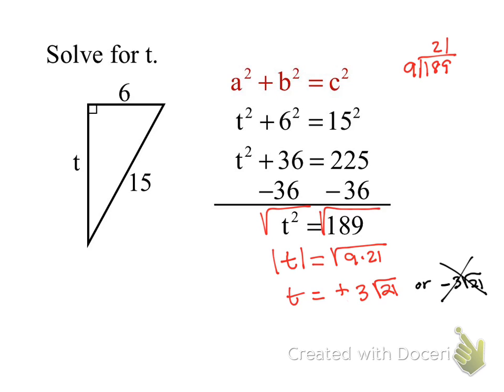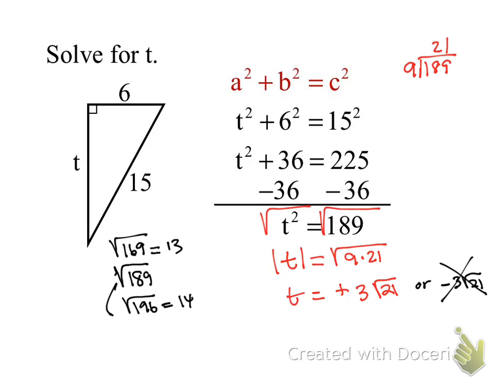Now if I estimate, the square root of 189 falls between 169, which is 13, and 196, which is 14. What's your best guess? You think that's halfway between?